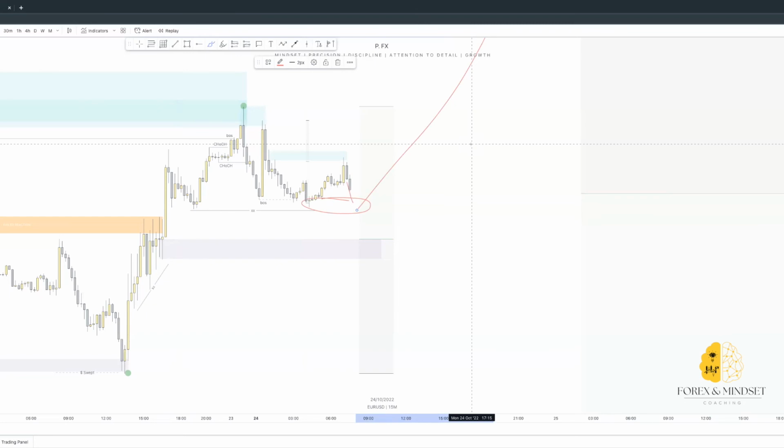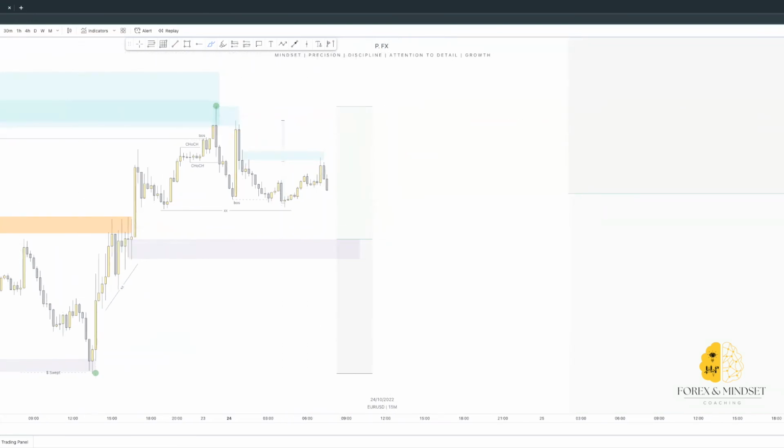Of course it may, but we are looking at it from a different, more in-depth perspective. This is the reason why we do not consider every demand and every supply, and this is how you build consistency, by consistently following the same thing and doing it over and over again. The price may as well just come here and explode to the upside. It may, the price can do whatever it likes.